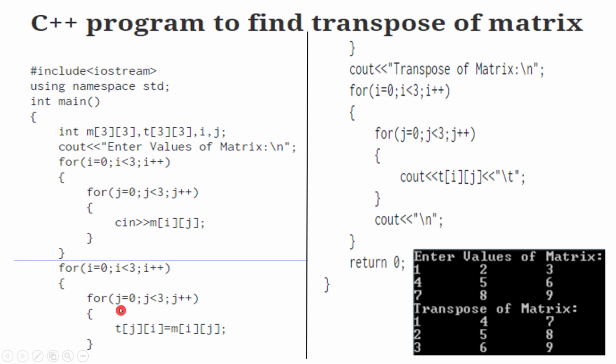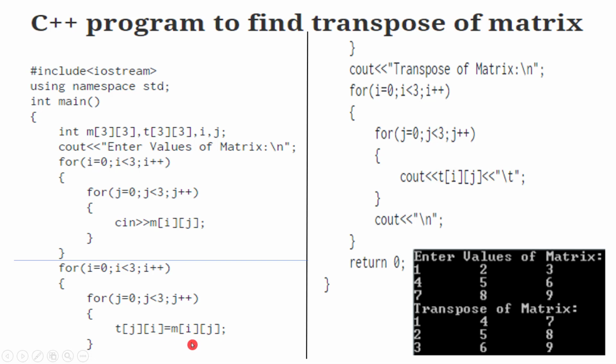And yeah, this is the important one. This is making the transpose. So you are again transferring the values of m[i][j], which you added in the previous step, to the new matrix t[j][i]. So here it is defined as t[j][i], the transposed matrix, is equal to m[i][j]. Okay, so it's very clear.